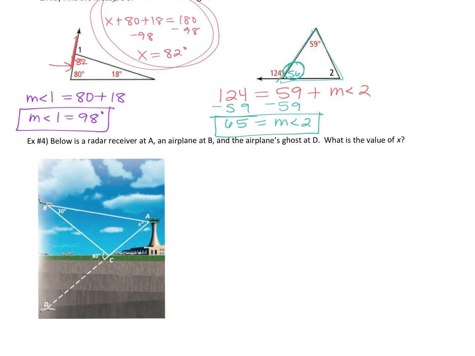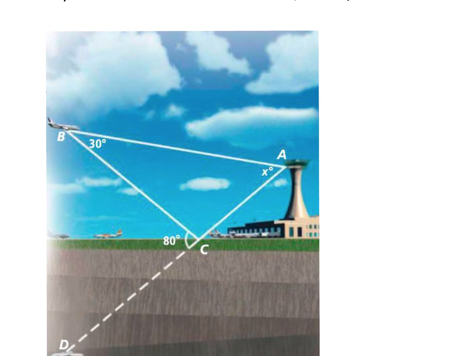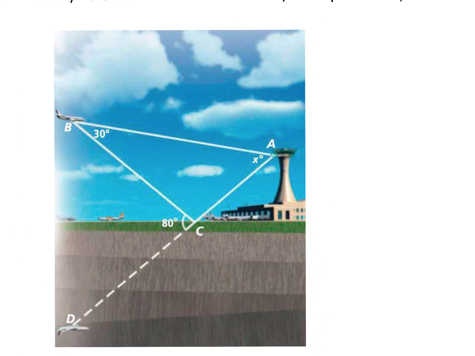Okay, last problem is just more of a real world picture of what's going on with these. You have a radar receiver at A. Okay, so there's this tower, right? So there's a receiver up here at A. An airplane at B. And they call it the airplane's ghost.